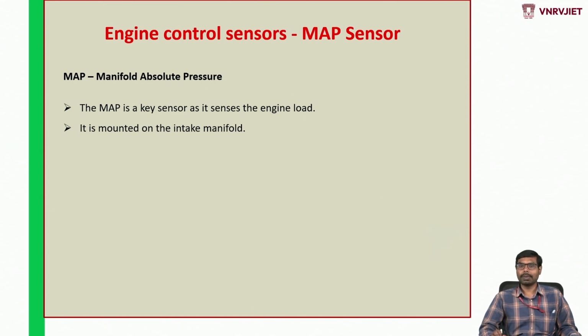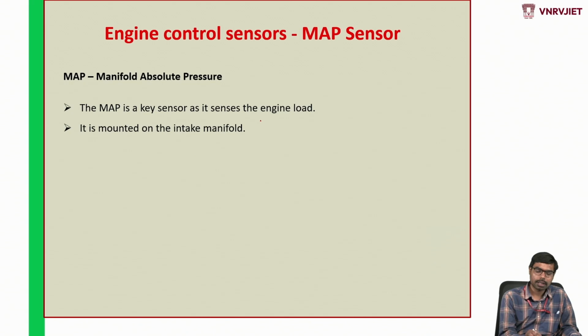This indirect method uses two sensors, the manifold absolute pressure sensor and the manifold air temperature sensor. We discussed this when we mentioned the engine management system, the indirect way of measuring the fuel flow. The manifold pressure sensor senses the engine load.